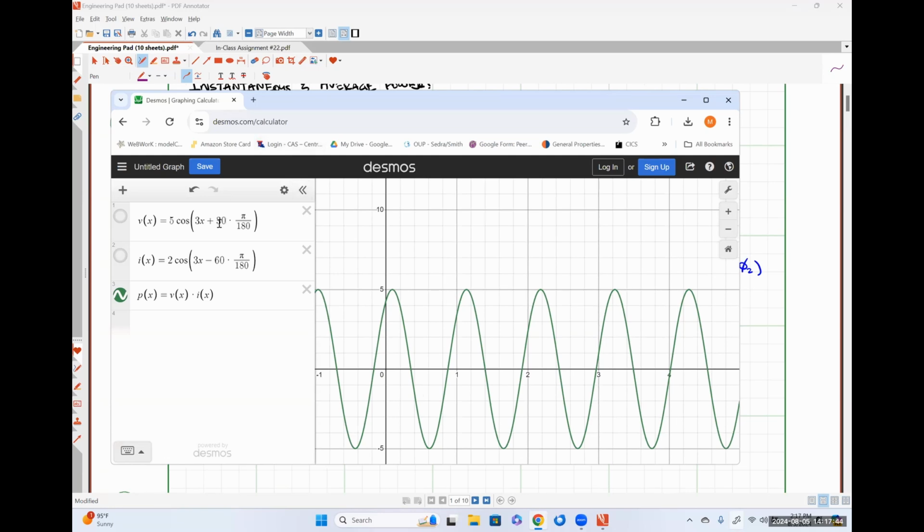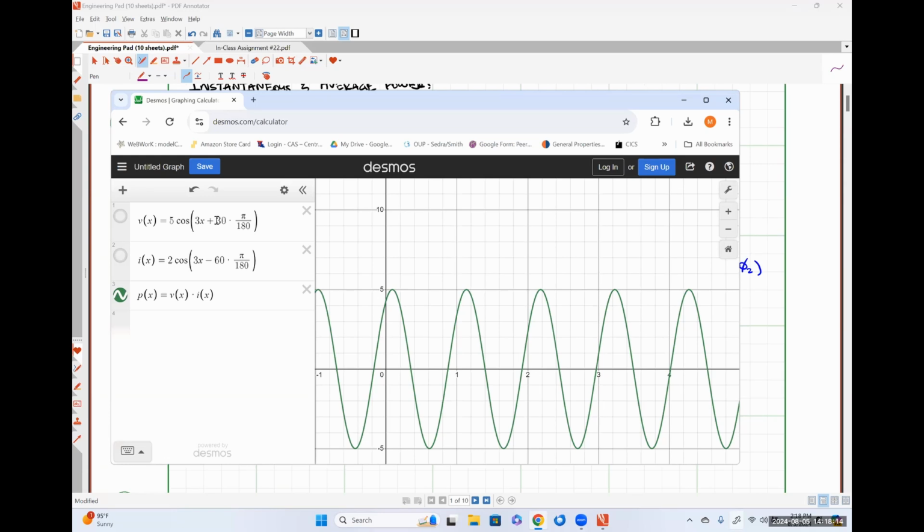So what should we expect, or excuse me, what is the relationship between the phase angle of the voltage and the phase angle of the current in a capacitor? The voltage always lags the current by 90 degrees.